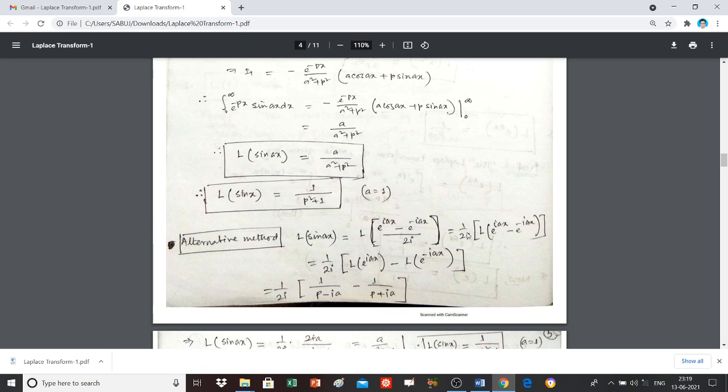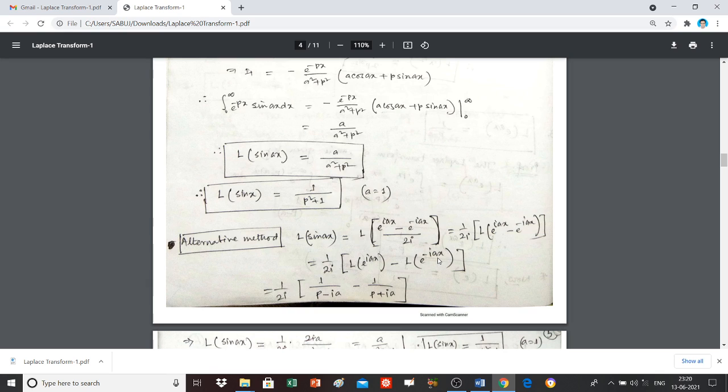First write 1 by 2i, then the Laplace transform of e to the iax minus the Laplace transform of the second term, e to the minus iax.